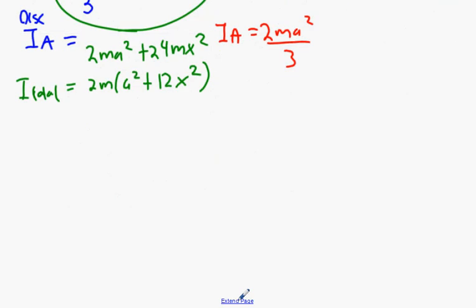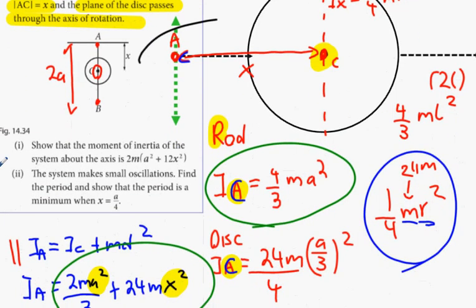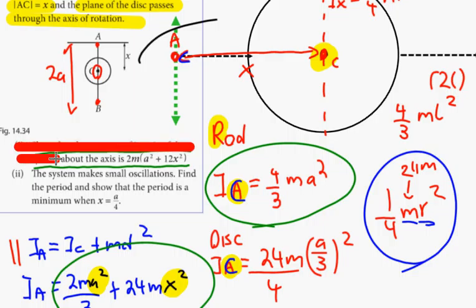Now, what I got to do next, I've proved part 1. Part 1 is show that the moment of inertia of the system about the axis is this much here. Okay, so that part is done. Don't need to worry about that anymore. The system makes small oscillations at the period and show that the period is a minimum when x equals a over 4.